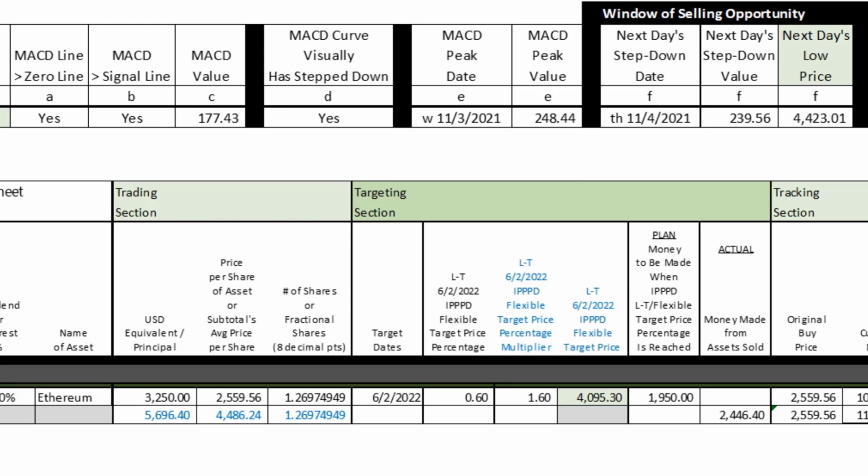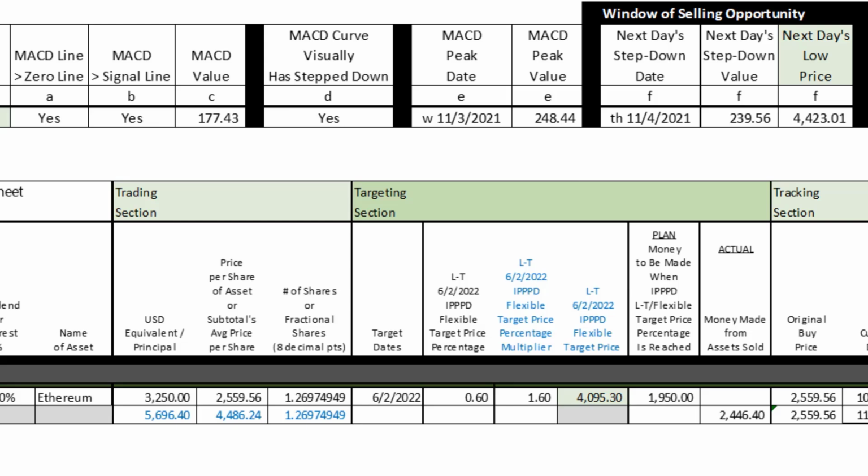Going into the 20th, the green histogram bars are not that tall, and they are a mixture of dark green and light green. When the MACD curve steps down from its low slope ascent, then we are in the window of selling opportunity.